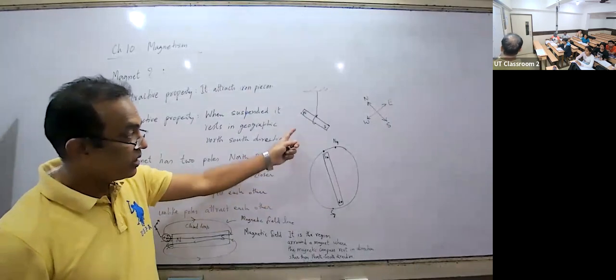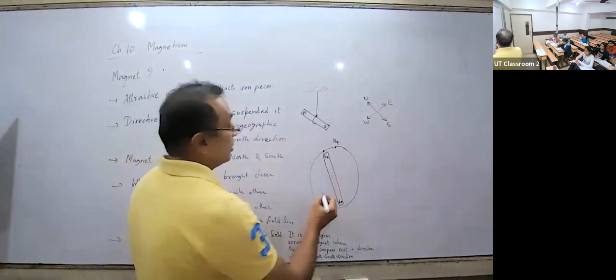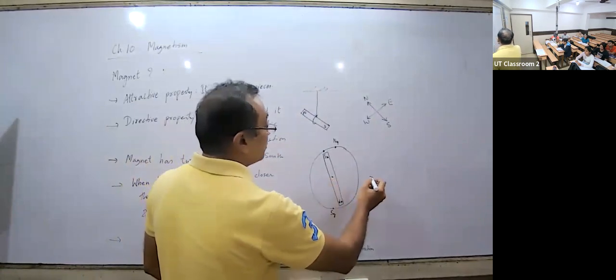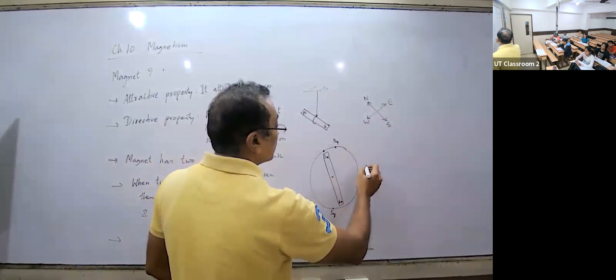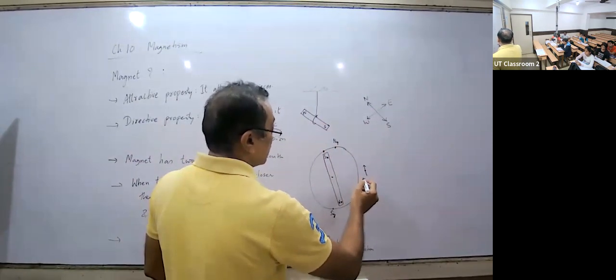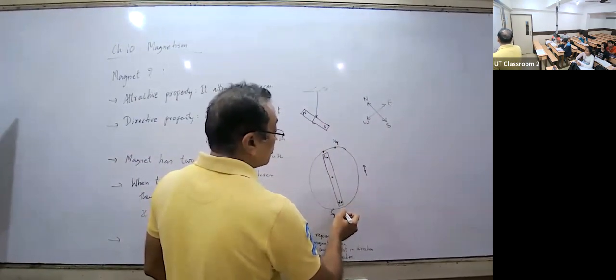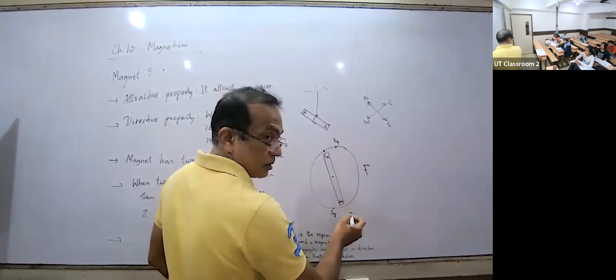So the question was, why does the magnet always point in the north-south direction? If I hang the magnet over here, it will show in this direction, which is pointing in the north. So which means here it should be north. That's why the north of the compass is repelled away, right?